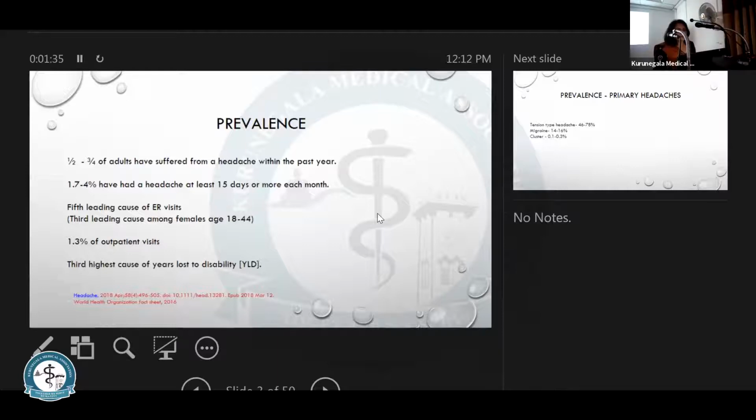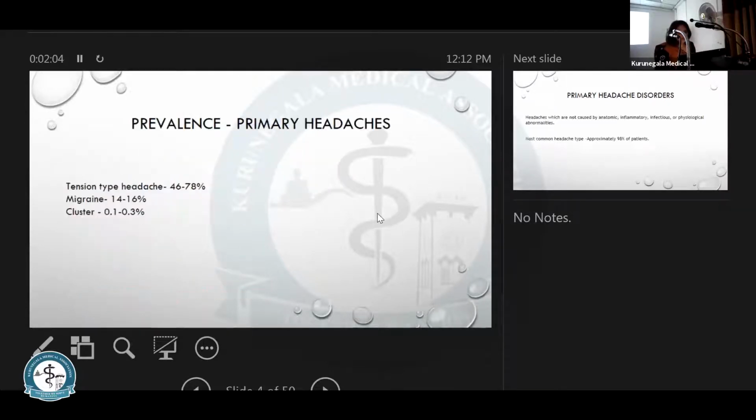It's the 5th leading cause of emergency visits, and the 3rd leading cause of emergency visits for young females. Headache accounts for 1.3% of outpatient visits, and it is the 3rd highest cause of years lost to disability.